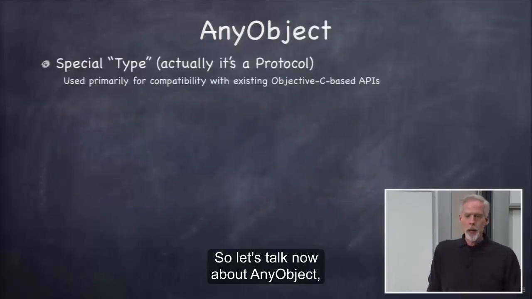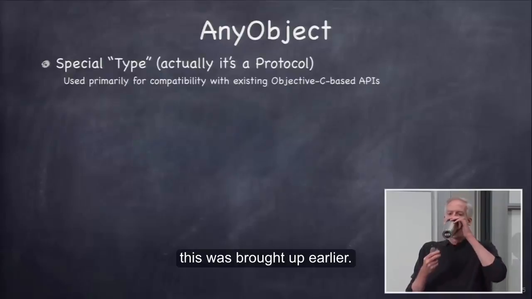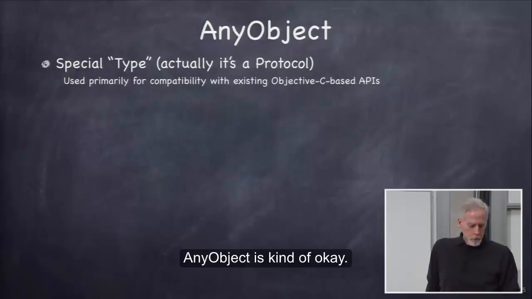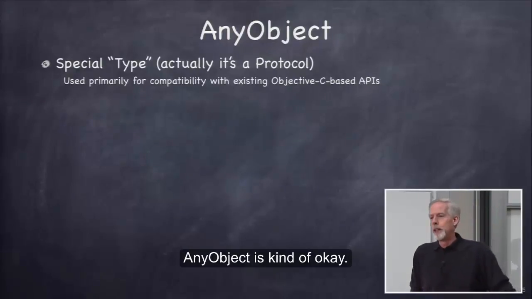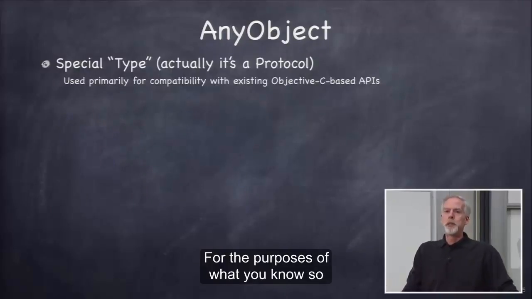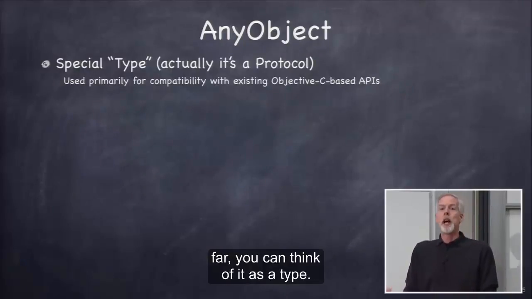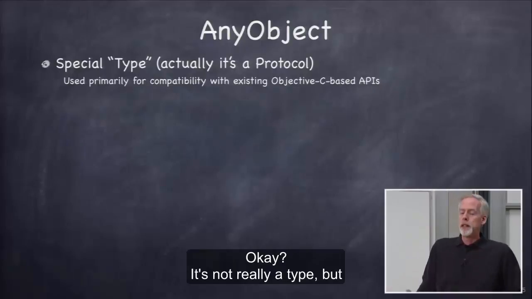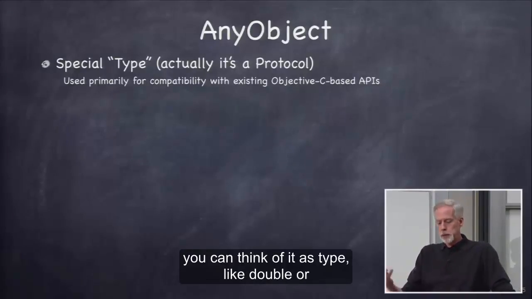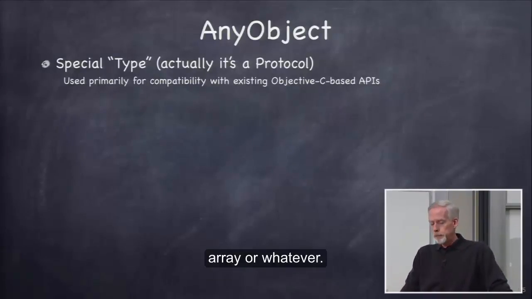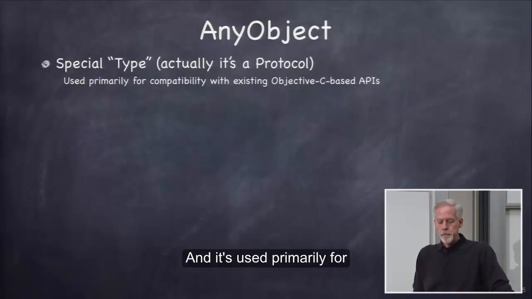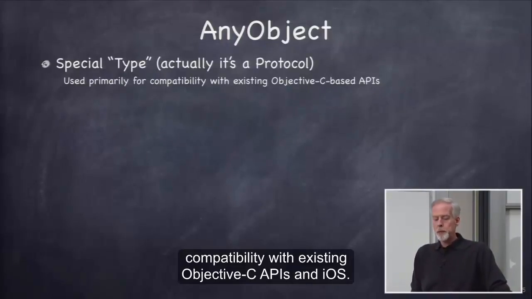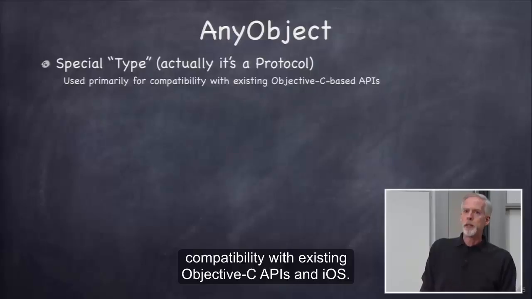Okay, so now let's talk about AnyObject. This was brought up earlier. For the purposes of what you know so far, you can think of it as a type. It's not really a type, but you can think of it as a type like double or array or whatever. And it's used primarily for compatibility with existing Objective-C APIs in iOS.